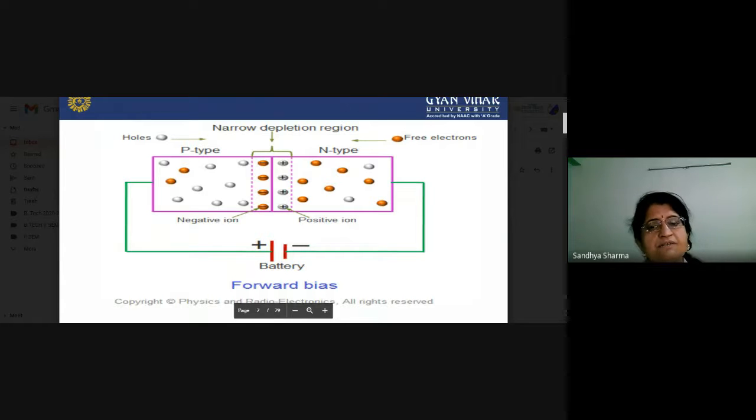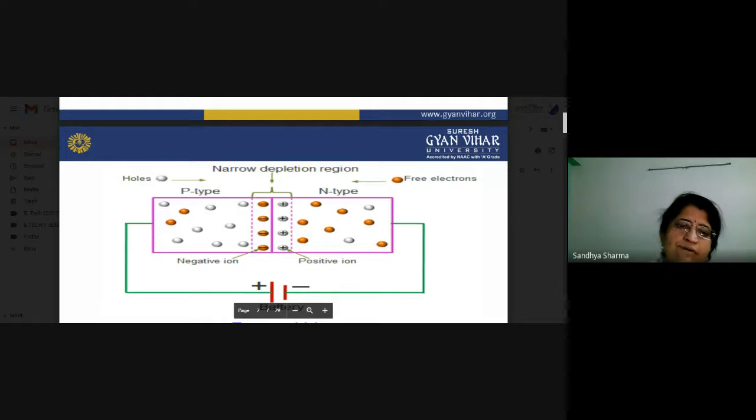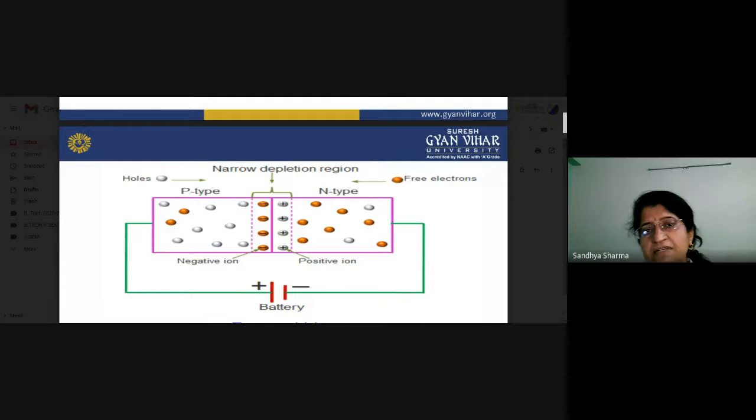First, we will see what happens when we give forward biasing. In forward biasing, the P type terminal is connected to the positive terminal and the N type to the negative terminal. The depletion layer width becomes narrow. The positive supply repels the holes, and these holes cross the depletion layer and reach the negative terminal, because it is the natural tendency of holes to reach the negative terminal.